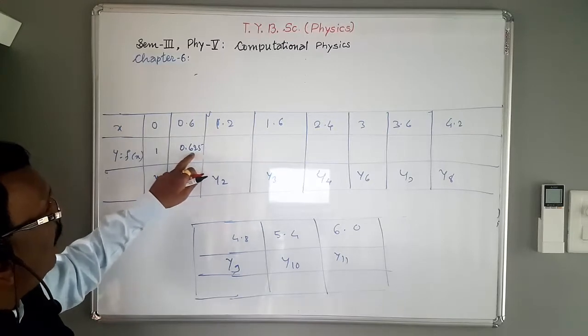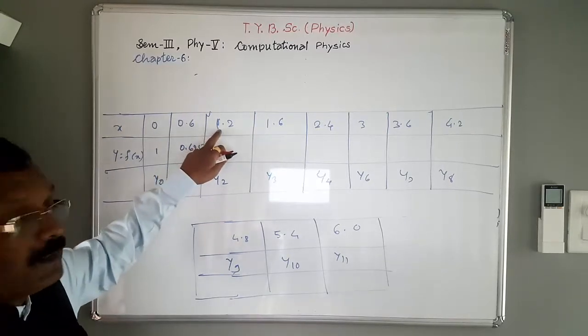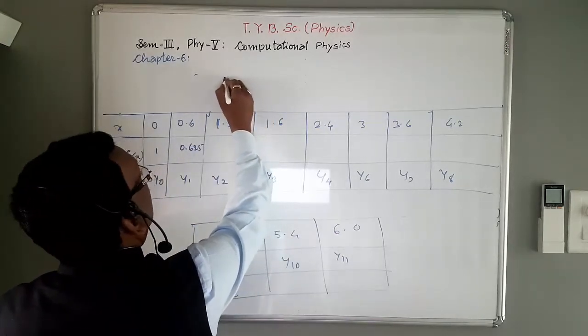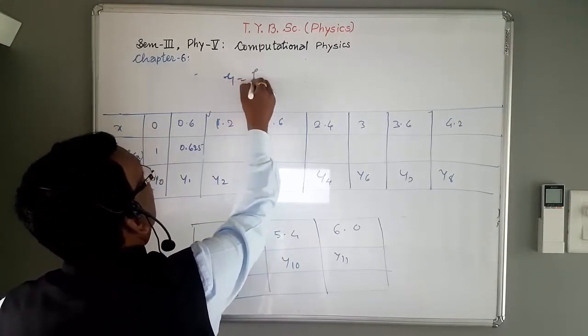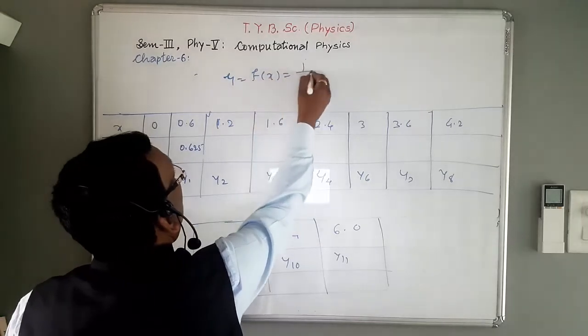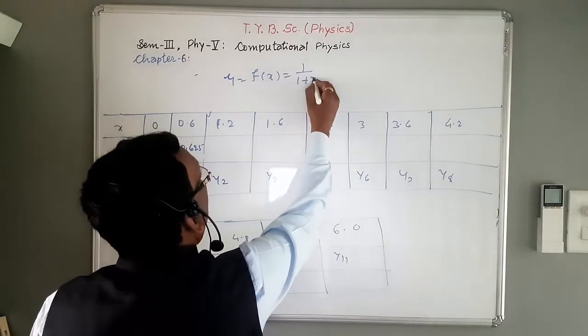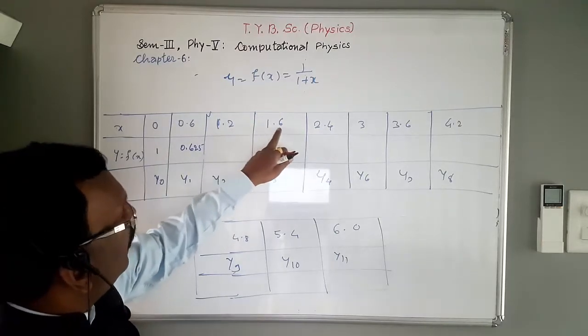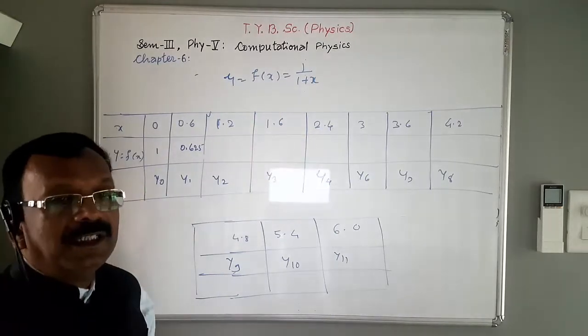When you substitute the value of x as 1.2 in this function, y is equal to f of x is equal to 1 upon 1 plus x, every time you consider the values like 1.2, 1.8, 2.4, and the result will be like this.